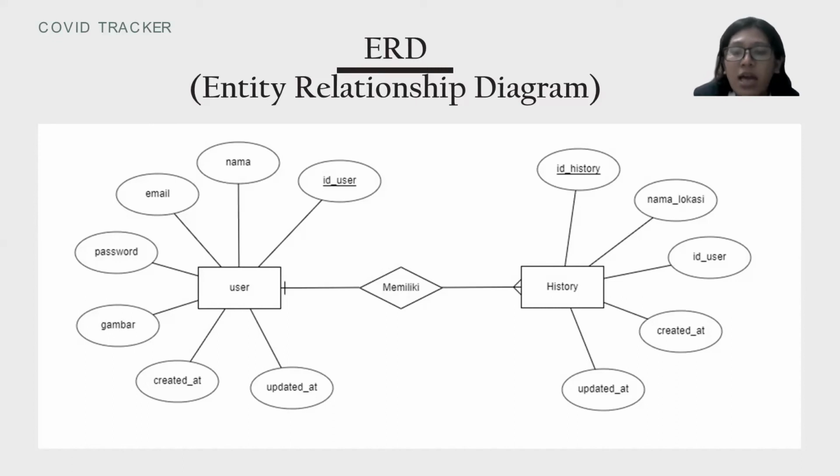Then the second entity is history. The history entity has some attributes: ID history as primary key, location name, ID user, created at, updated at. This ERD has a one-to-many relationship. One user can have one or many history, and the relation is have.